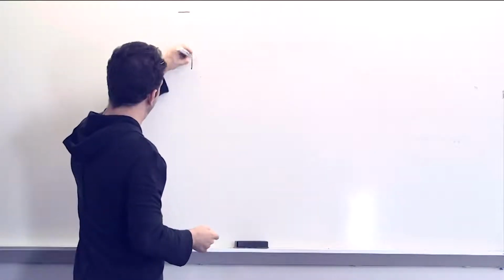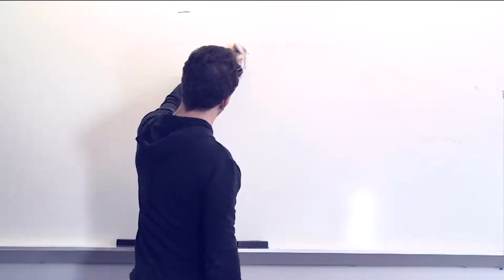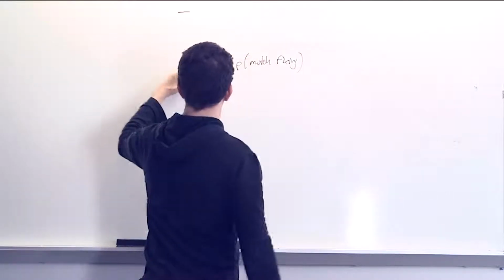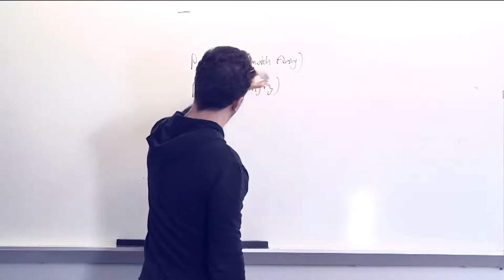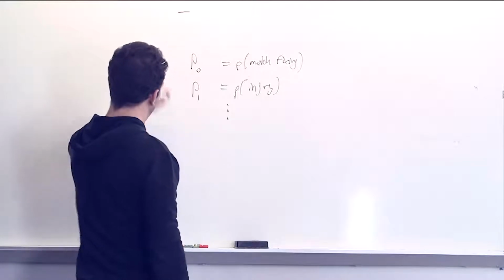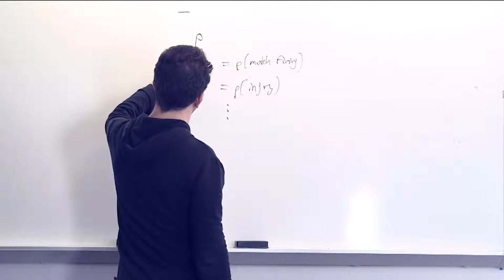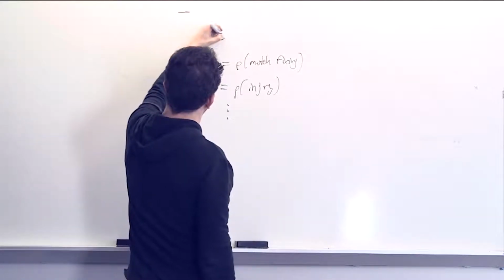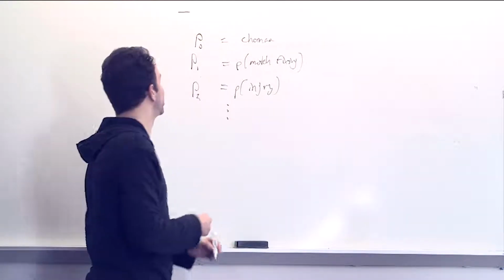So let's say P1 is match fixing, P2 is injury, etc. P0 equals, we saw the results that we saw in the odds shift by chance.